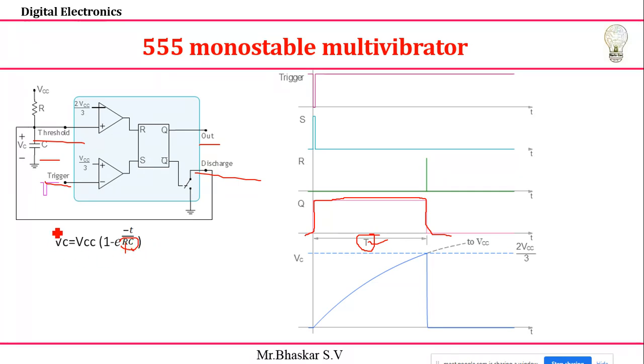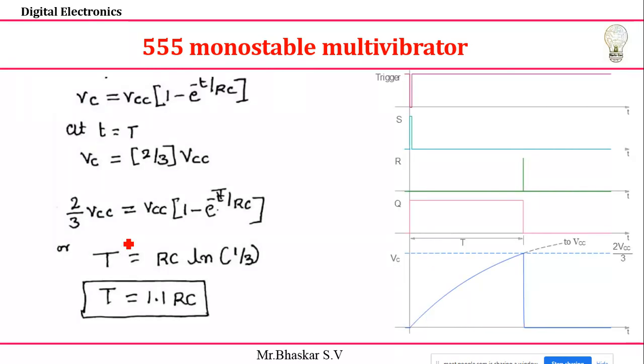Let's do some modification of this equation and we'll get the equation of capital T. This is the general equation I told you: Vc is equal to Vcc into 1 minus e to the power of minus t divided by RC. And the time pulse we are getting here, we take as the total time period, T. So I'll take the small t as capital T. And what is the maximum capacitor voltage?